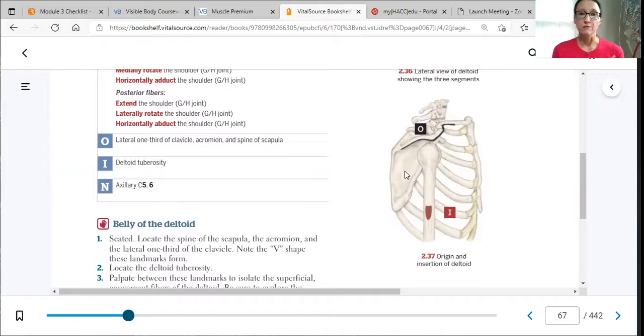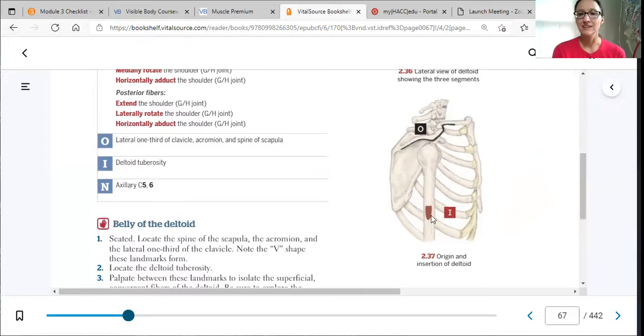I've provided a chart for you at the end of your checklist. It's actually in the module, and it says muscle chart, superficial muscles of the shoulder. So there are a lot of different ways to use this information to learn it, but ultimately you have to memorize it. Okay, so we have lateral third of the clavicle, acromion, and spine of the scapula as the origin.